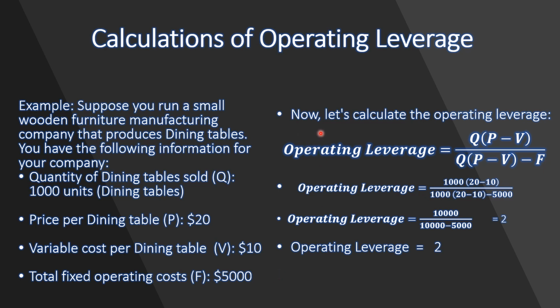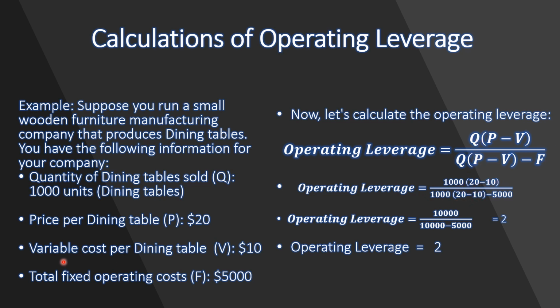Now let us see the calculations of operating leverage. This is the formula to calculate operating leverage. So now let us apply the formula for the given information. Operating leverage is equal to 1000. 1000 is what? 1000 is the quantity of dining tables sold, Q. 20 minus 10.